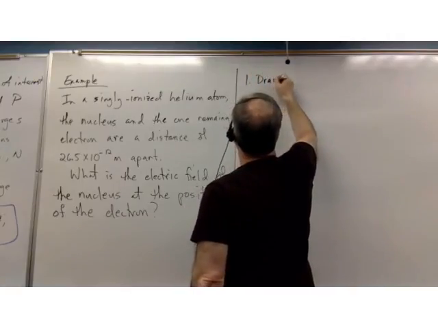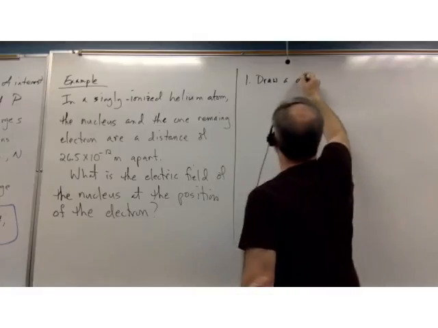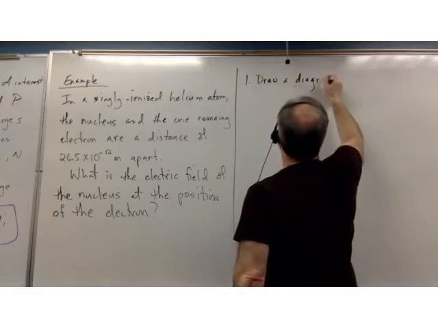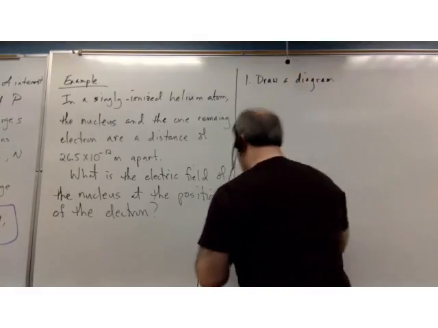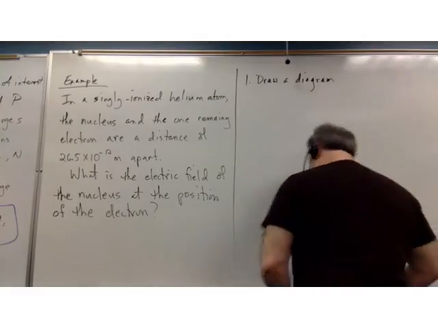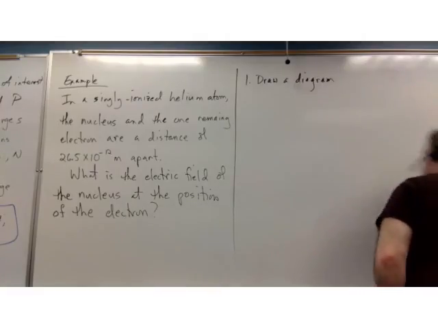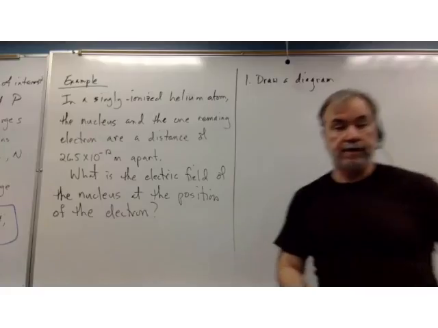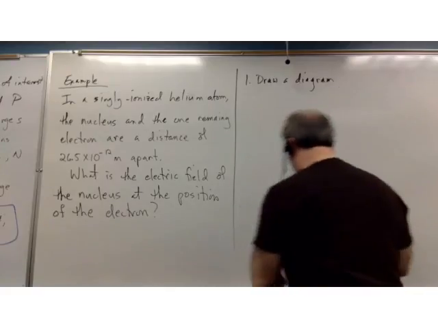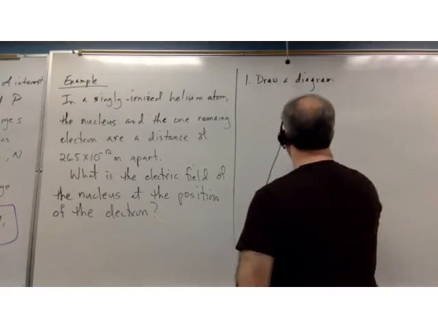Step 1, draw a diagram. So what do we have? We have the nucleus. I'm going to go ahead and draw in the neutrons just because, but again, they won't have any effect on the problem.